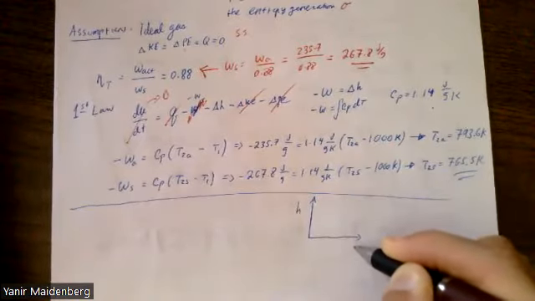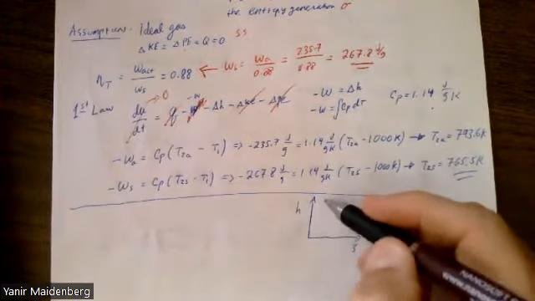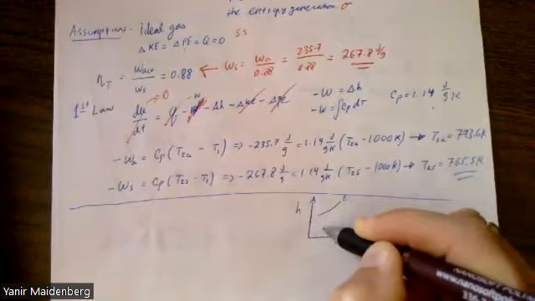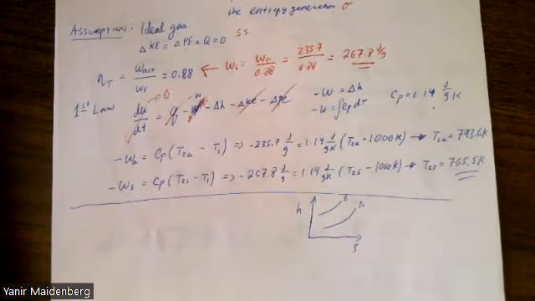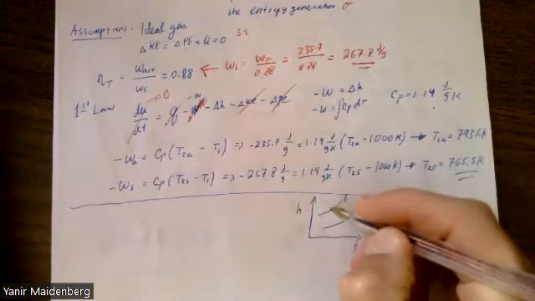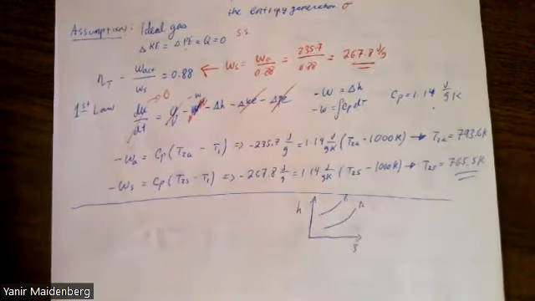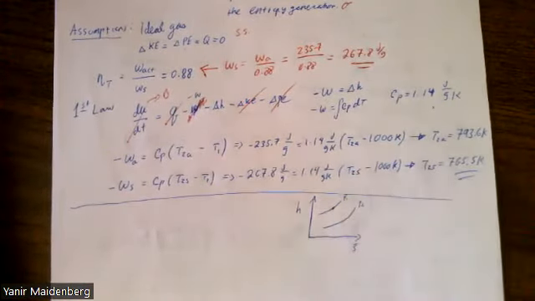I have H versus S bar, and I'm going to have two isobars, P1 and P2. Actually, the first isobar is not even that important. We're going to have a starting point at P1, and we're going to go to P2 no matter what.